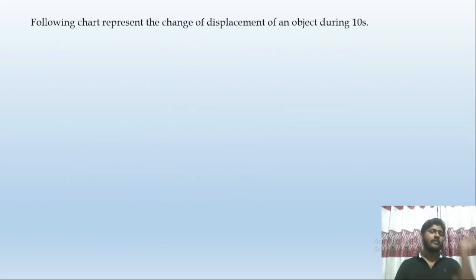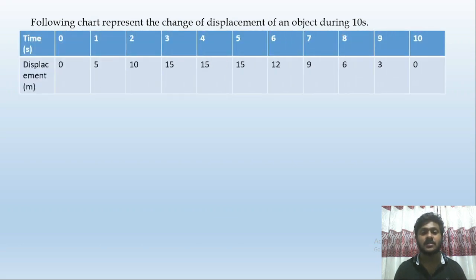Right. Let me draw another displacement time graph. The following chart represents the change of displacement of an object during 10 seconds. So look closely at the data. In the first 3 seconds, the object increases its displacement by 5 meters in each second.